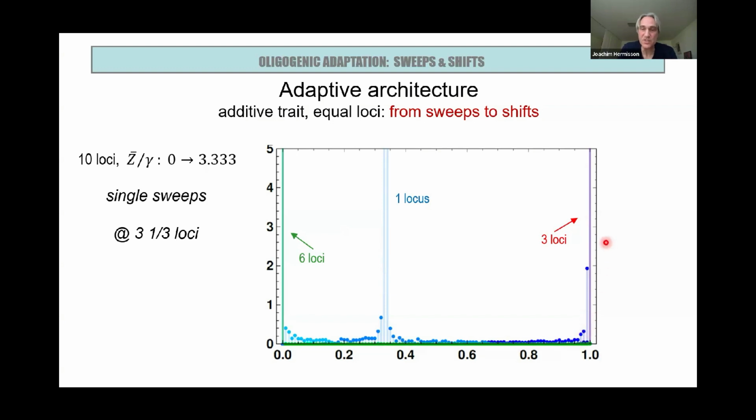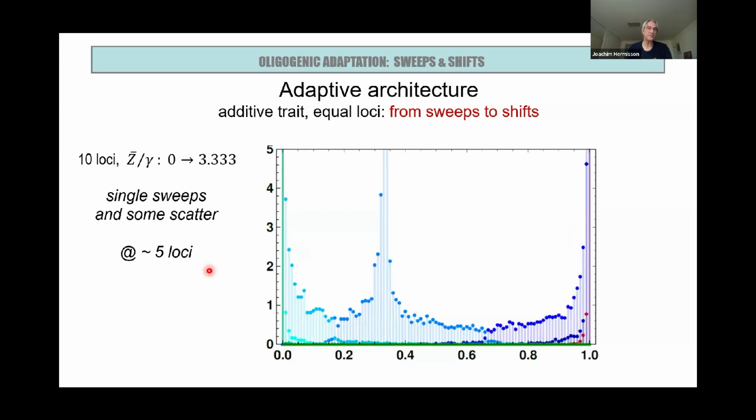So these are ordered distributions: the largest loci that contributed the most, this one that contributes a little bit, and these ones that do not contribute at all. Obviously this is a picture of single sweeps. So 3 loci have done a full sweep, 1 locus is on its way, and 6 further ones have not even started to do anything.